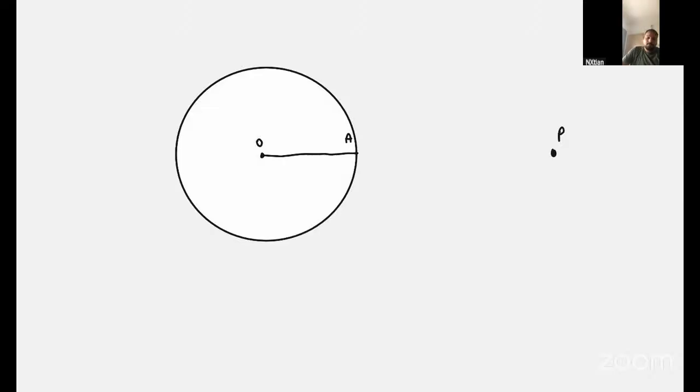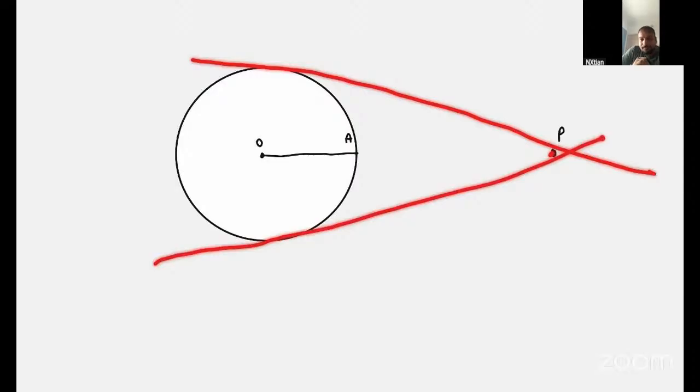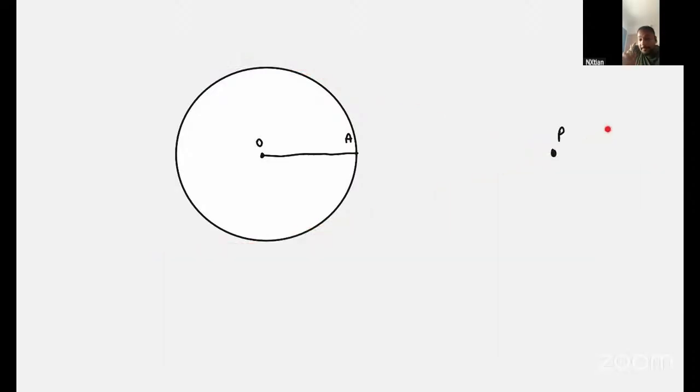Okay, next part. Now listen. But if there is a point outside, and I ask how many tangents can pass from the circle to the point, the answer will be only 2. I'm repeating this part again: a point outside the circle can have only 2 tangents to the circle.